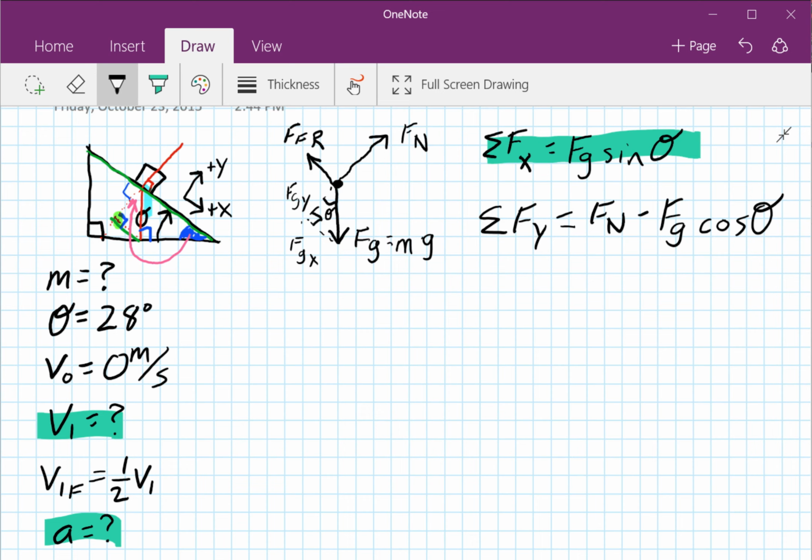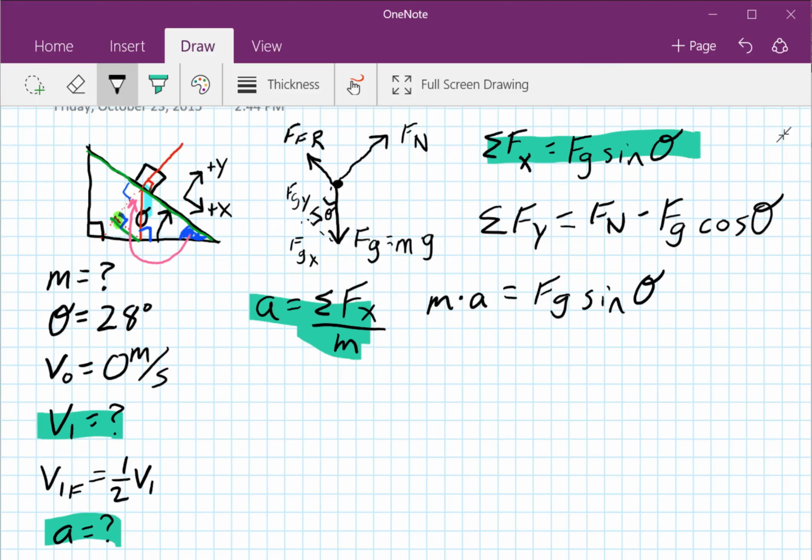If we were dealing with the sum of the forces here, we could say that a equals the sum of the forces in the x direction divided by the mass. This is a being the acceleration without friction. Well, if we used this equation with the other equation towards the top, we could explain that the mass times the acceleration without friction would equal Fg sine of theta.